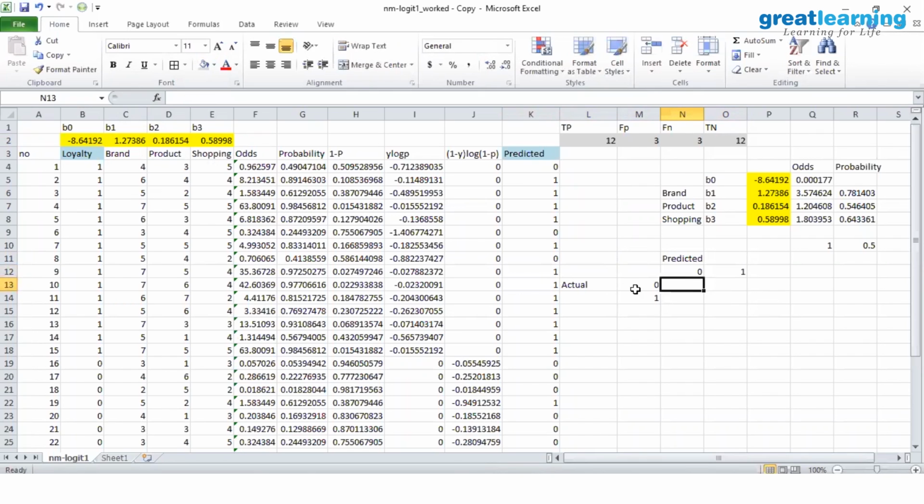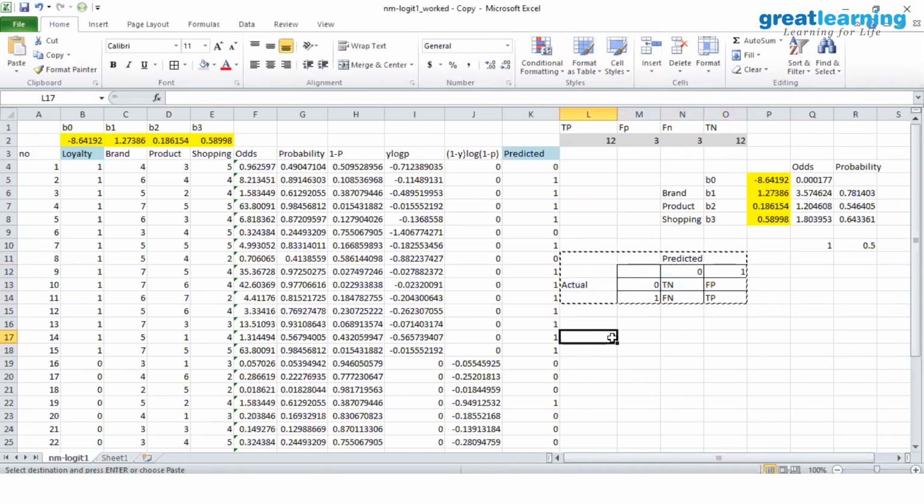This is how your Python output is going to give it. This is how I always remember it, but it's up to you how you remember it. So truly predicted as positive, TP, truly predicted as negative, TN, falsely predicted as negative and falsely predicted as positive. That's it. This is your confusion matrix.